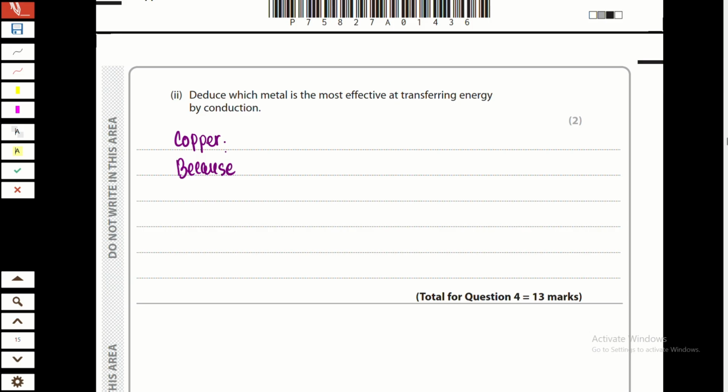Why? Because the time taken to change color is the shortest.